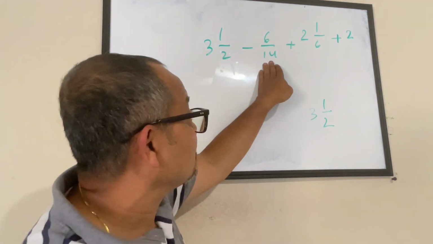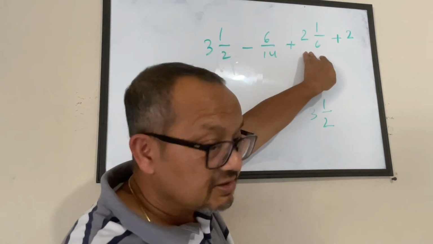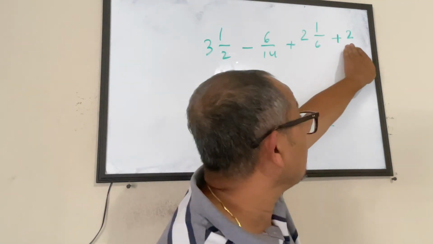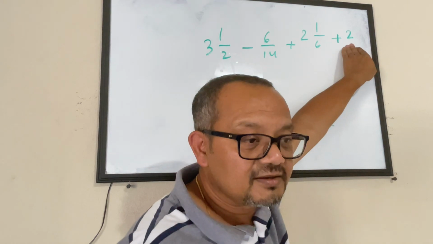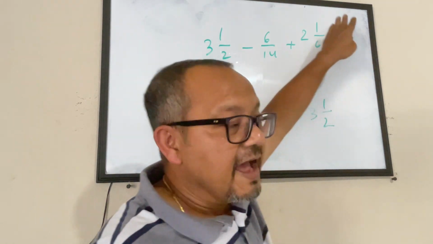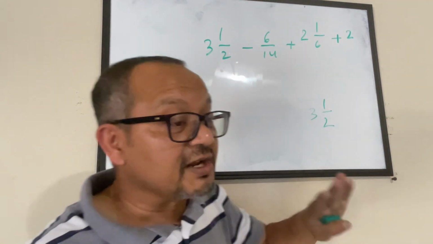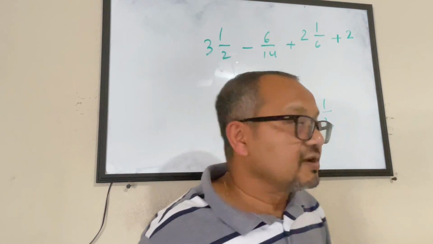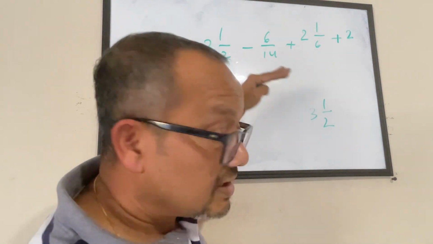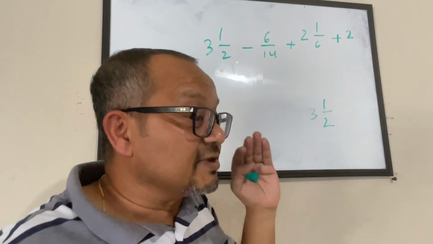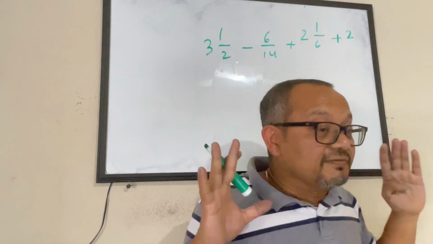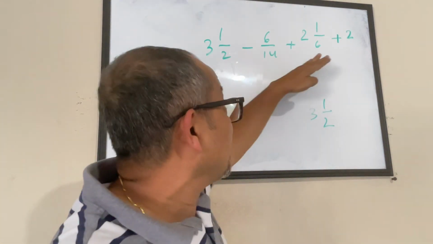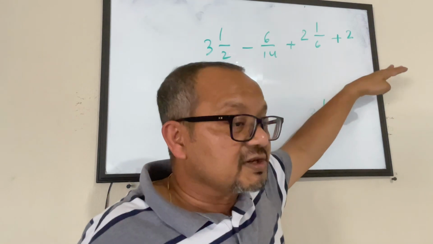This is already a fraction, don't worry about it. This is a mixed number, you have to convert this to a fraction. This is a whole number, you have to convert this to a fraction as well. Fraction is your best friend, meaning you can convert everything into a fraction always. So I'm just first setting the ground rule that every number that you have here gets converted to a fraction.